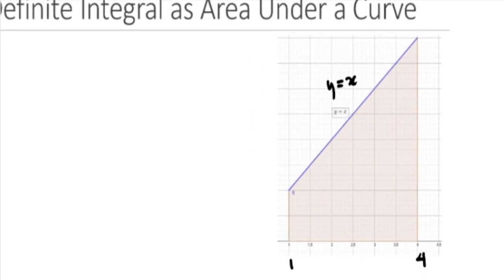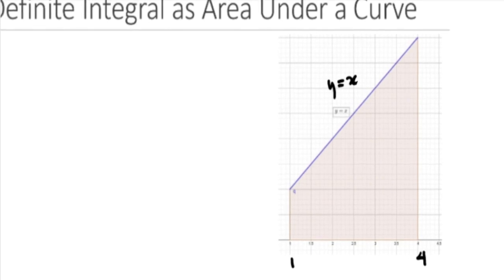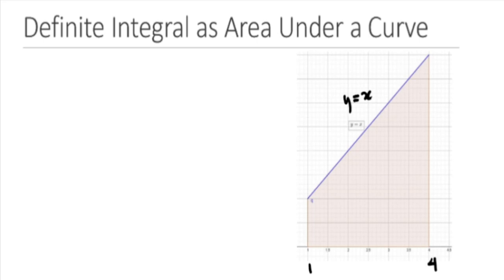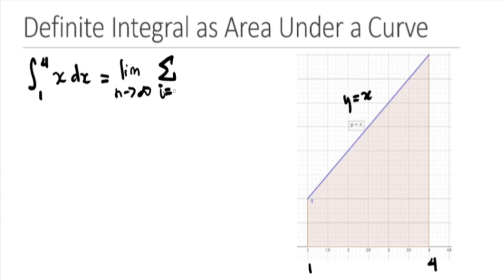So if you notice, from the previous example, y equals x, we just modified it slightly. So we want the integral from 1 to 4 of x dx. This is the limit as n approaches infinity of the sum i running from 1 to n of f of x sub i delta x.